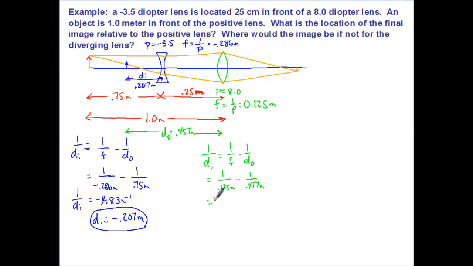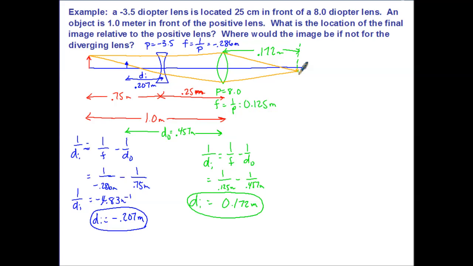And that will give me for di, I'm just going to go ahead and write that final answer, of 0.172 meters. Okay, so that would be the distance to the image for this thing here. So let's go ahead and put that up here, 0.172 meters. Okay, and so that would be where the final image is created.